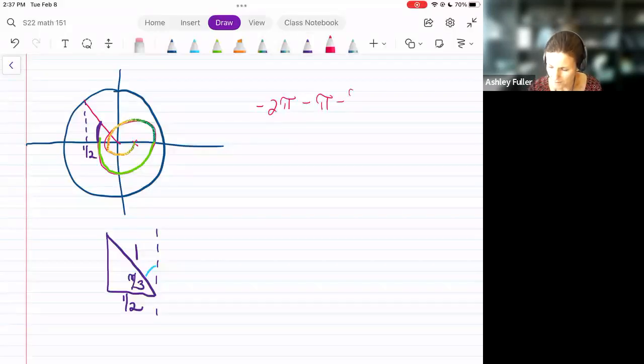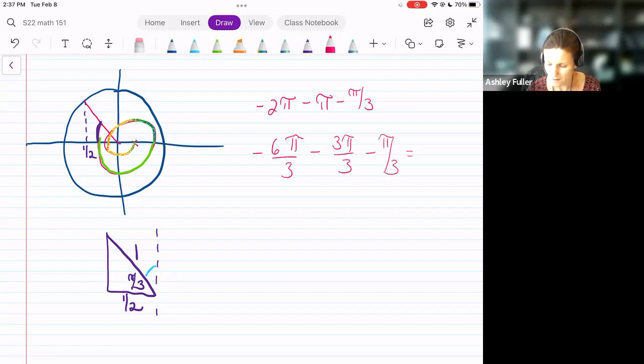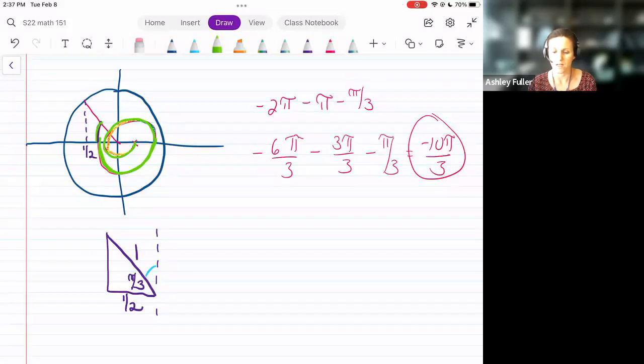We continue with our pi over 3, and the total distance that's covered, if we get a common denominator, adds up to negative 10 pi over 3. So we've gone around a full circle, a half a circle, and then an additional pi over 3 radians.